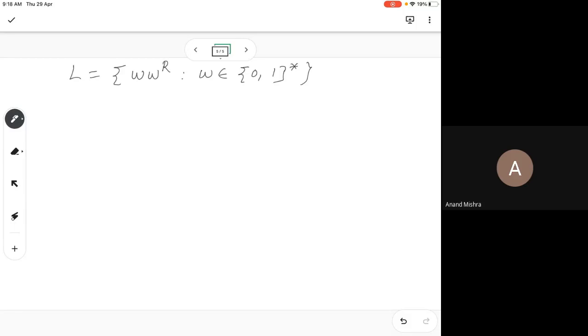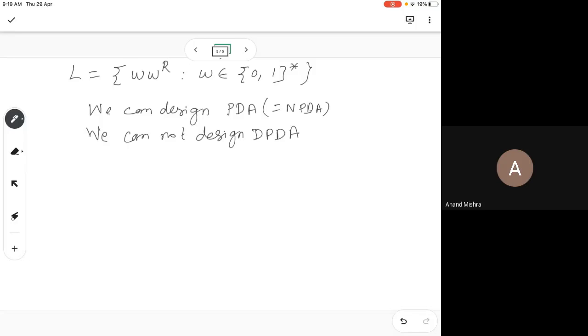For this language, we can definitely design a PDA, and PDA and NPDA are the same, but we cannot design a DPDA. Deterministic PDA will not work for this, but non-deterministic PDA will work.